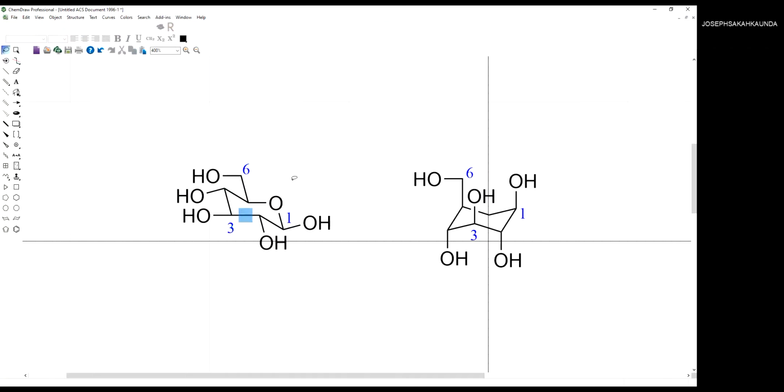But just know that carbon 1 overall is the largest. That is obvious. Yes, this one might confuse you, but 1 cannot confuse you. 1 and 6 cannot confuse you. 6 is the smallest overall. 1 is the largest overall.